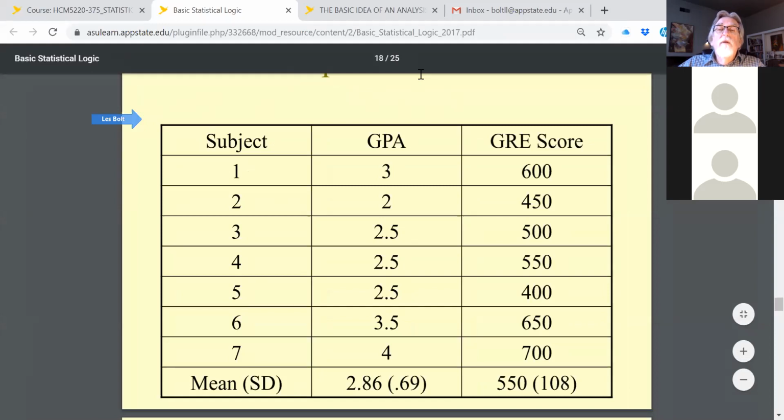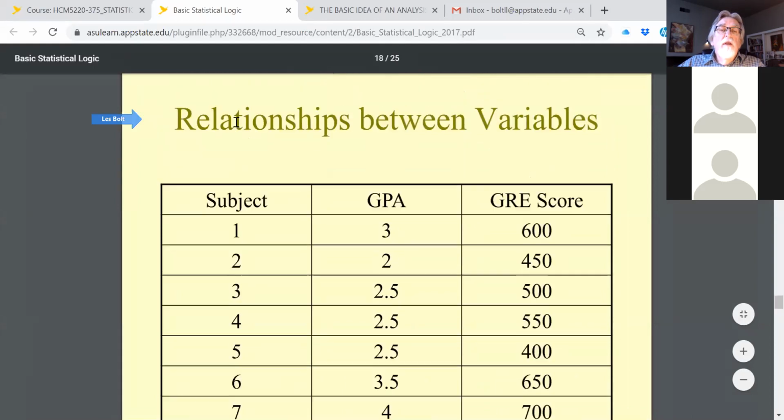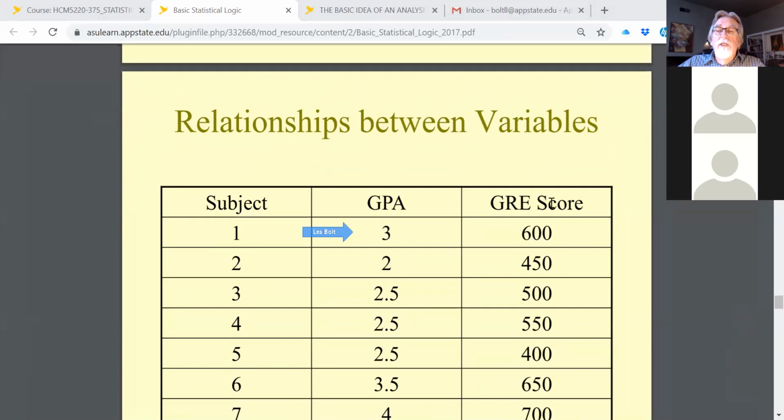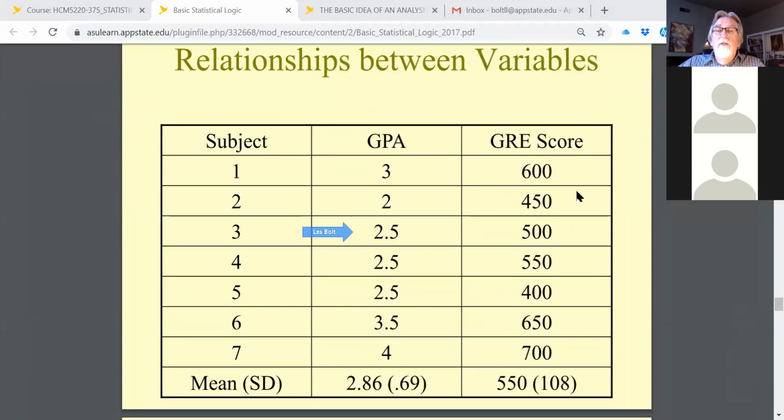Let's say we're looking at relationships between variables. These are considered to be continuous variables. And that's important. In order to do correlation, we have to be looking at continuous variables.